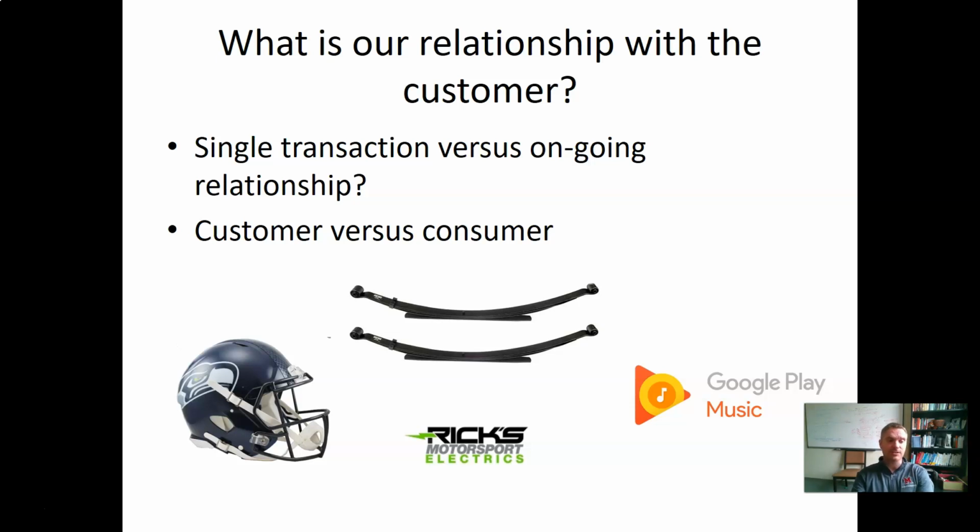So if I'm pretty sure that this is a good company, there's a strong likelihood I'll go back to the same vendor and purchase things over and over again. So you could be anywhere on this continuum from a single transaction to an ongoing relationship, or maybe somewhere in between where there's some degree of brand trust or loyalty in the product or service.